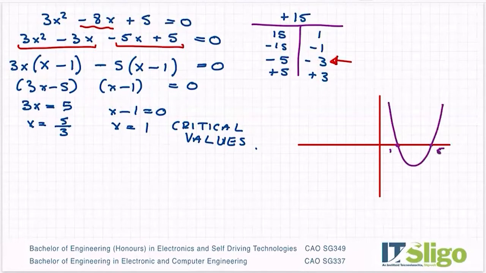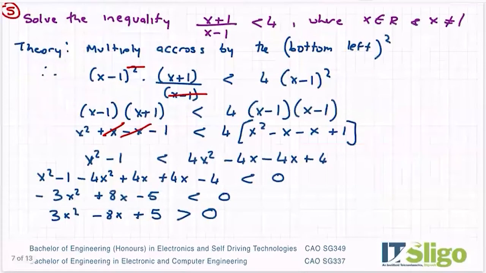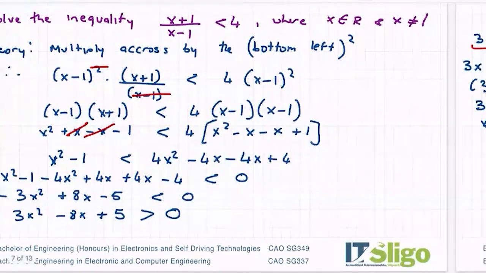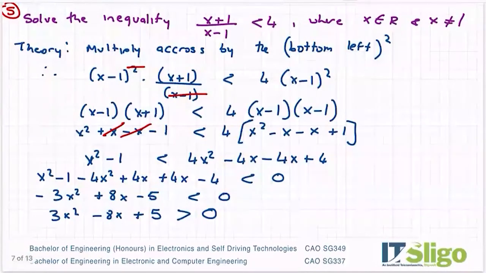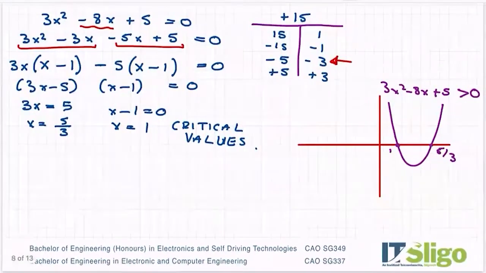There's 1, there's 5 over 3, and the equation is, where is 3x squared minus 8x plus 5 greater than 0. Okay, so I've just taken this equation here, and I've just written it down on the graph on the next page.